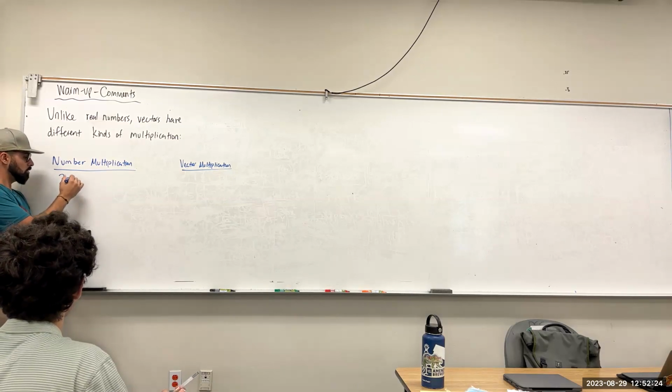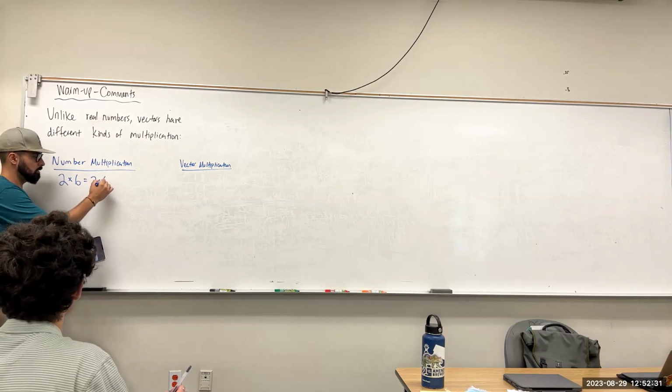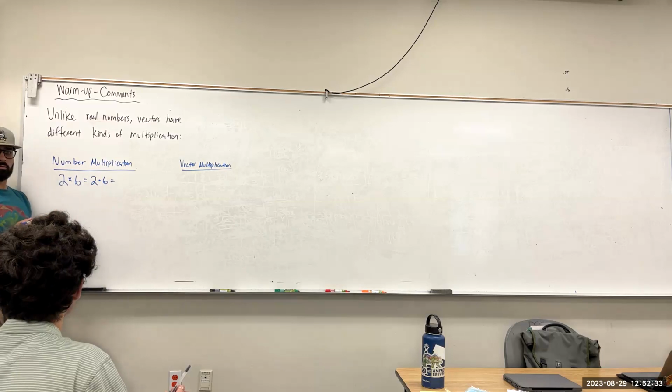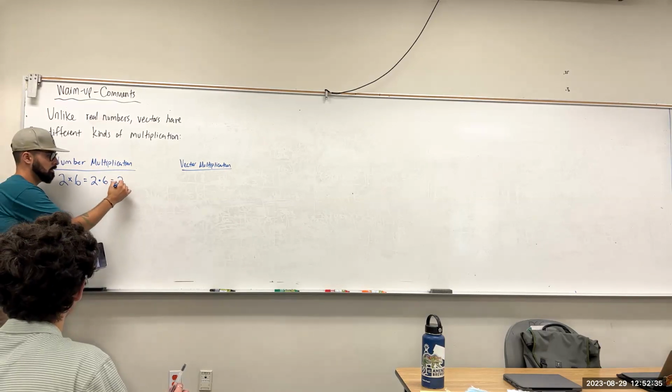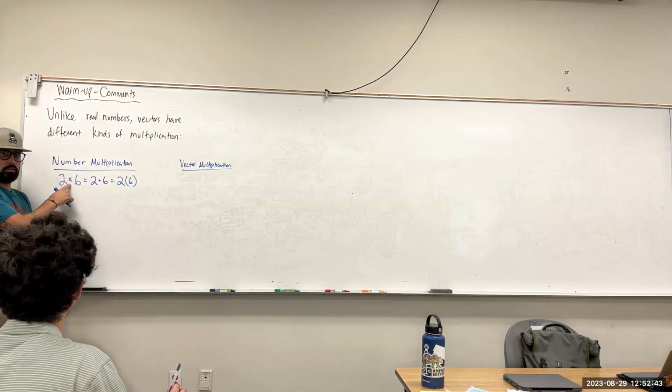I think in elementary school you learned this one. You learned the dot. So this is the same thing as the dot. What else? Parentheses. You've also written it like that, right? I guess when we're using numbers, that's the only set, right?